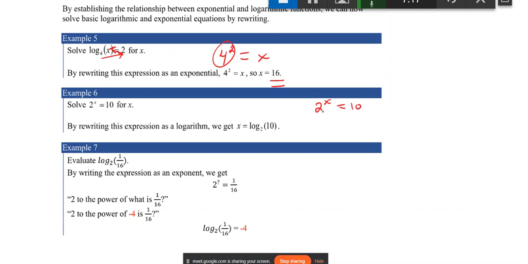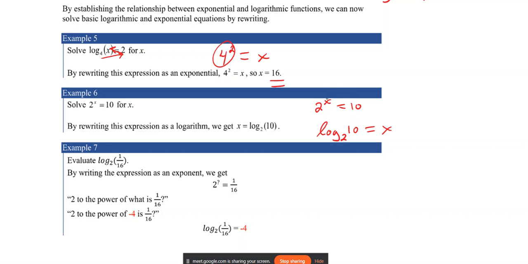So then what we can do is say, okay, well then it's going to be log base 2 of 10 is equal to x, right? Logs solve for exponents, right? We're solving for x here. So then that'd be it. If you type in log base 2 of 10, then that's what x is equal to.